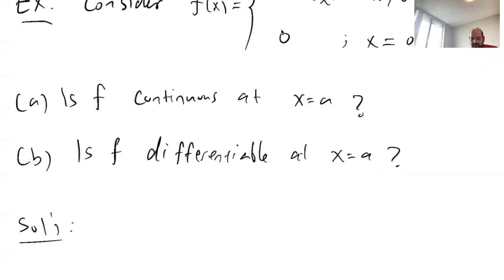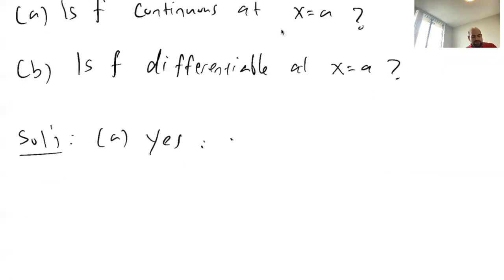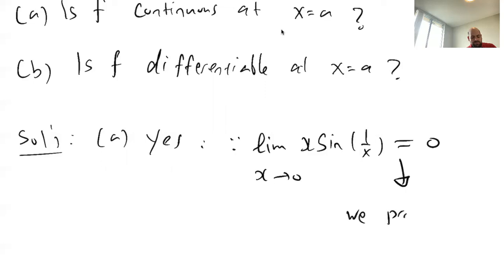So the solution for part A: the answer is yes, this function f is a continuous function. Why is it continuous? Because we saw that the limit of x times sine 1 over x as x approaches 0 is 0. This we proved before using the squeezing theorem.